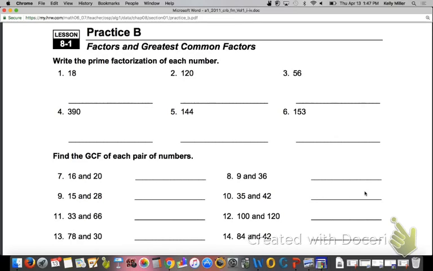I have a question. Would this be 5 times x to the second? Three.